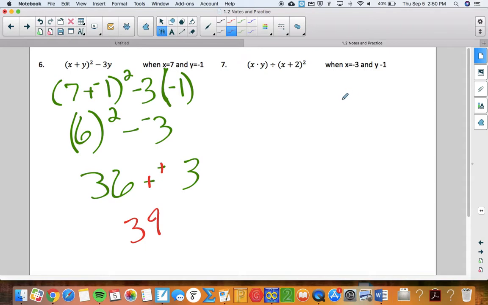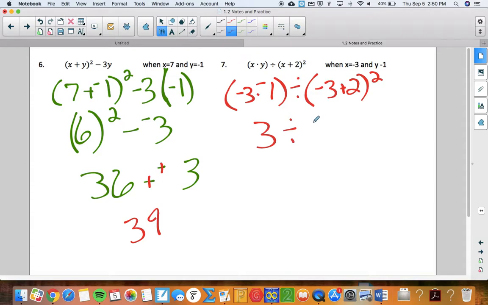Number 7. Notice when I do the parentheses again on the right, because there's an exponent outside of that parentheses, I make sure that I put parentheses around my answer.